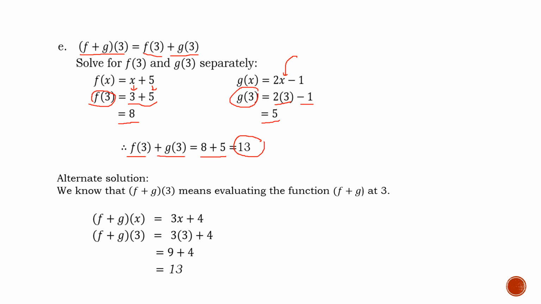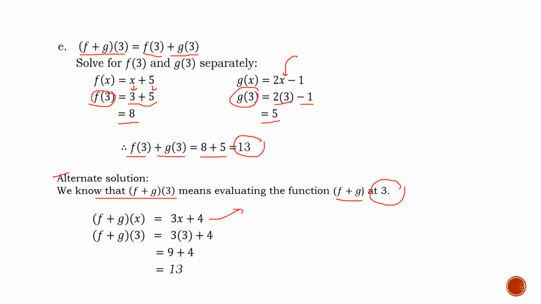So an alternate solution here. We know that f plus g of 3 means evaluating the function f plus g at 3. A while ago, from your letter A, there is a given value of your f plus g of x, which is 3x plus 4.